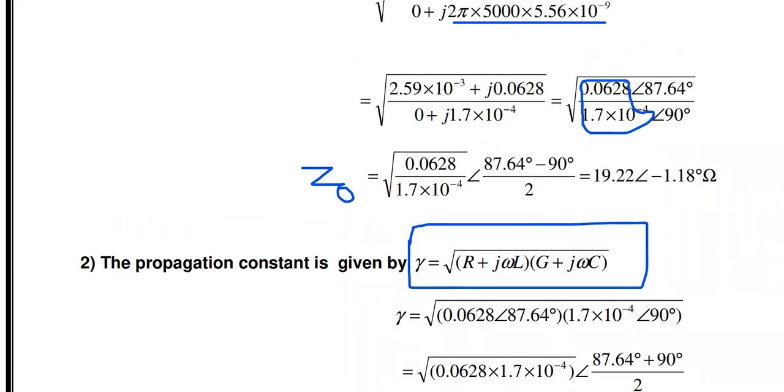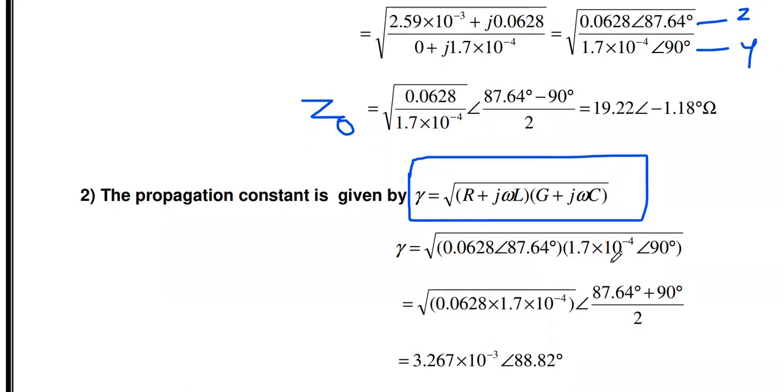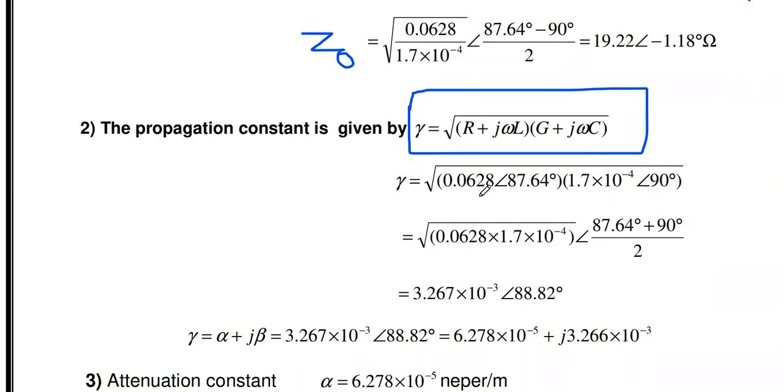This numerator part is Z and this part is Y. So you substitute Z and Y and multiply. Here you multiply the magnitudes and take the square root. The angles you add, since they are in multiplication, and under the square root you divide by 2.